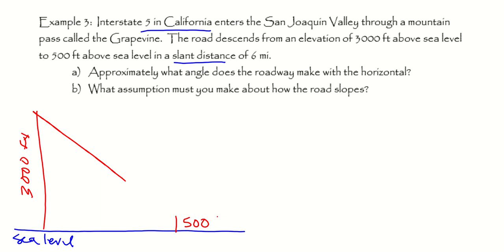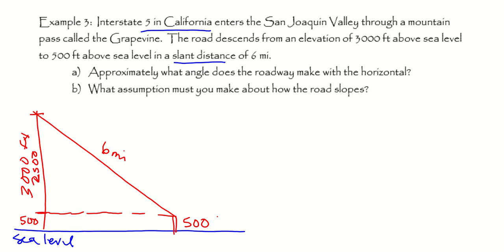And the slant distance from where it starts to where it ends is 6 miles. Well, I can get a right triangle out of this if I break this up. If this distance from here to here is 500, then this distance is 500, which would make my distance from here to here actually 2,500. And so that's 2,500 feet.